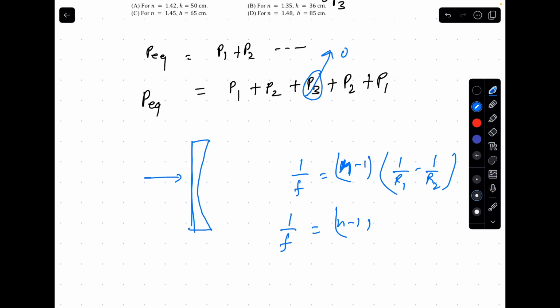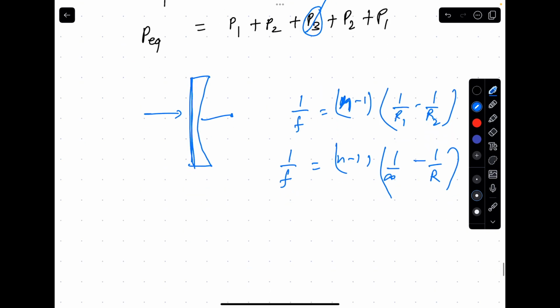And 1 by R1 is 1 by infinite, minus 1 by R2, R2 is positive, so 1 by R. So 1 by F is minus of N minus 1 divided by R. This is the power of this lens, P1.